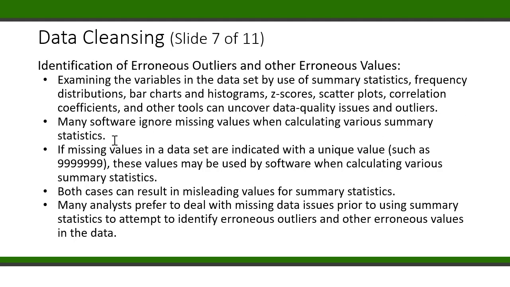Earlier I was talking about Excel: if you put a space in there, that's counted as an N. That's part of your sample size now, even though it's blank. So if you have some of that in there, your calculations within your spreadsheet are going to be wrong, especially when you're doing your standard deviation for the sample.